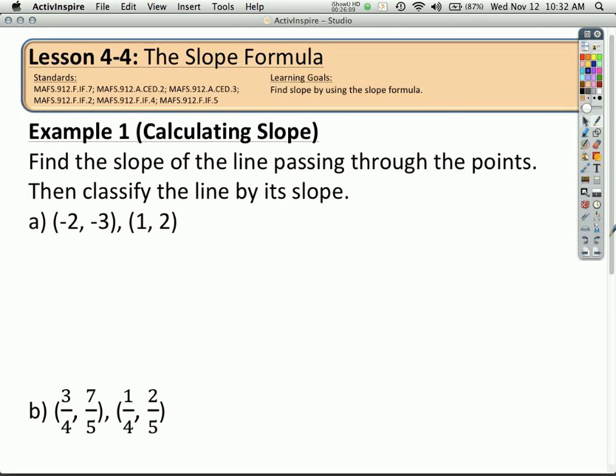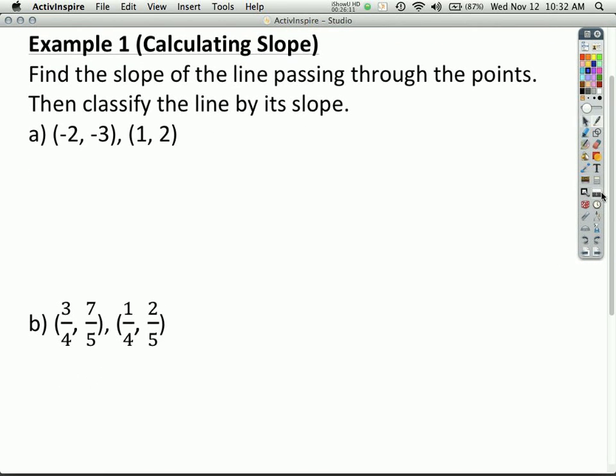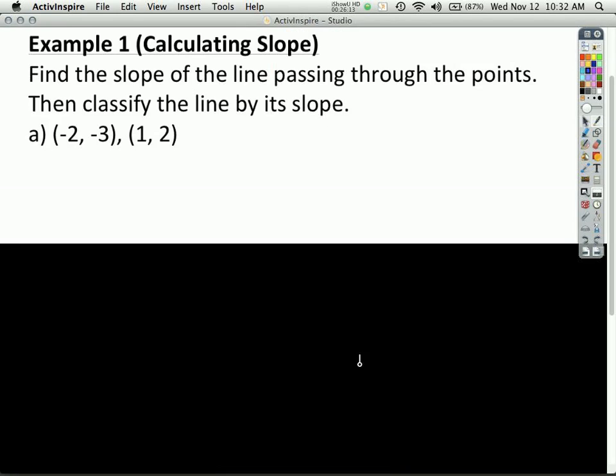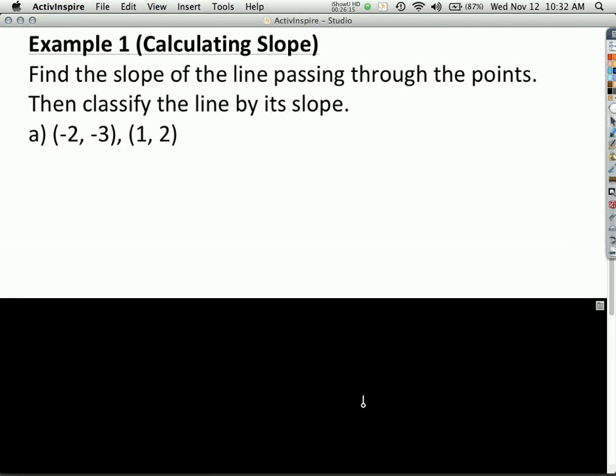So, example 1, we're going to start calculating slopes by using the formula. You do not have to write the instructions, but you need to read the instructions because you're going to see the same types of instructions over and over again. Find the slope of the line passing through the points.